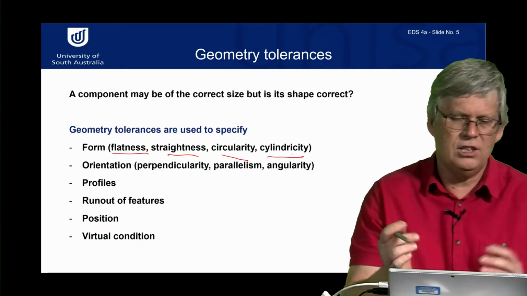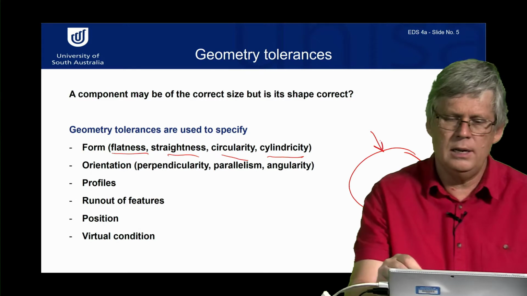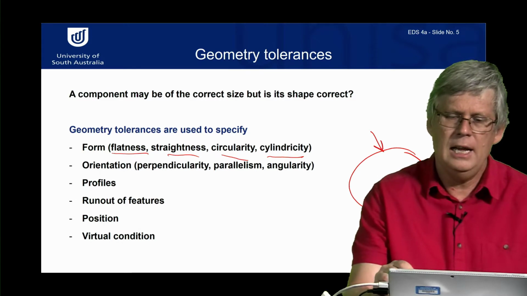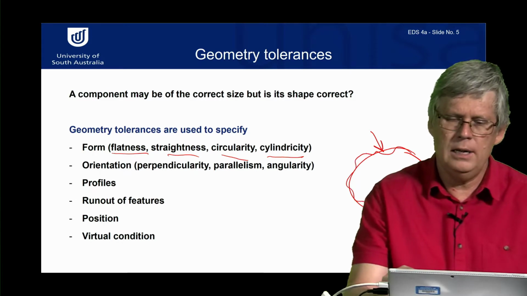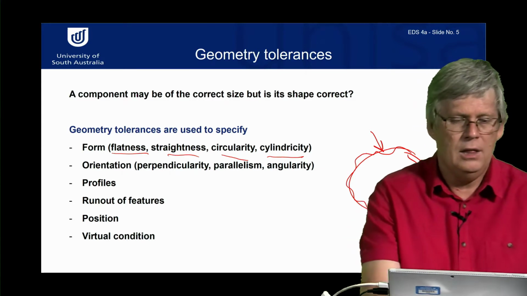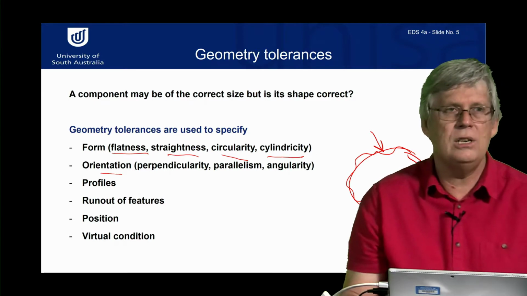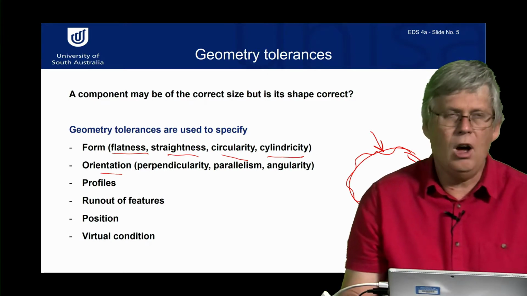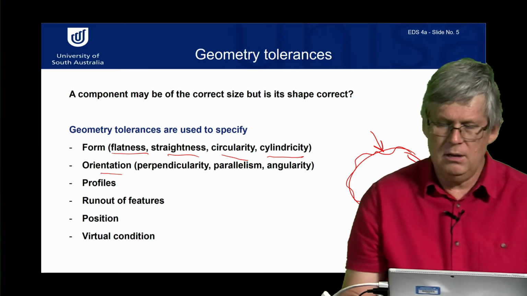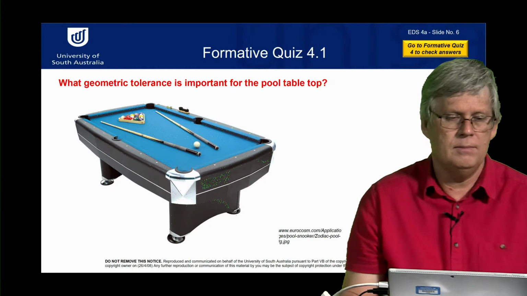We've talked about size, but if we've got a circle, size is purely about the diameter. It might wobble around in here, and that becomes the geometry tolerances. We'll talk more about that: the orientation, profiles, position, virtual conditions. There's a whole lot of aspects here, and we'll go through some examples.